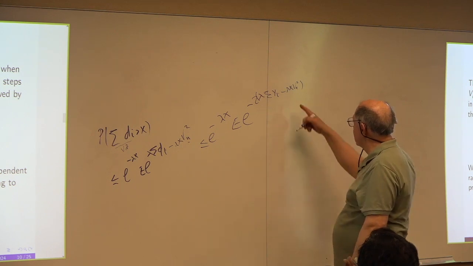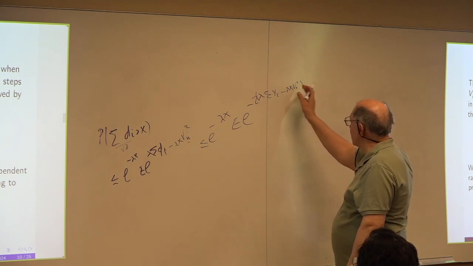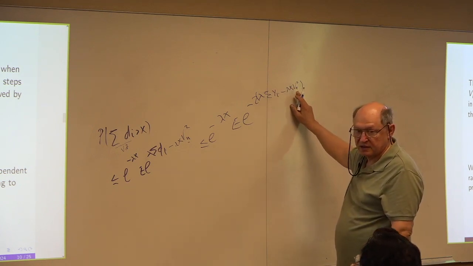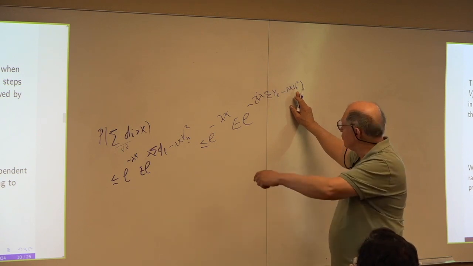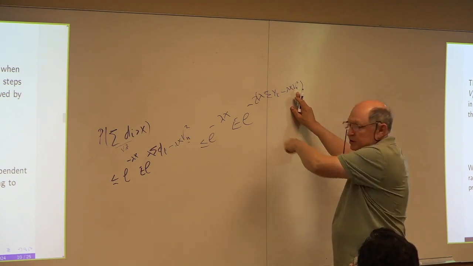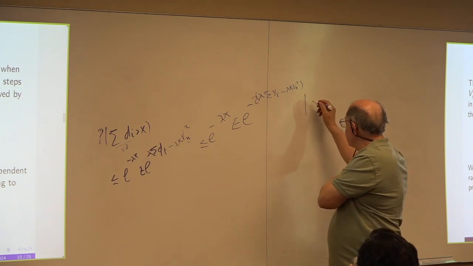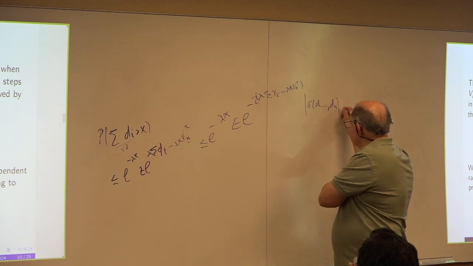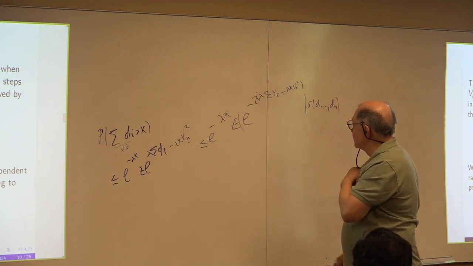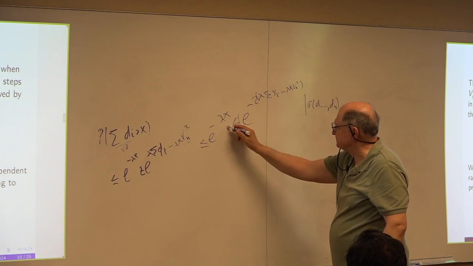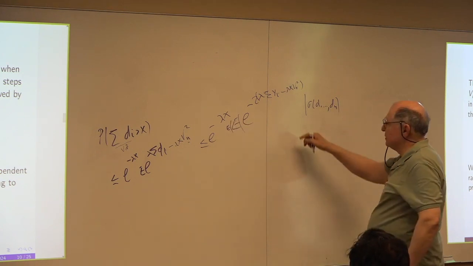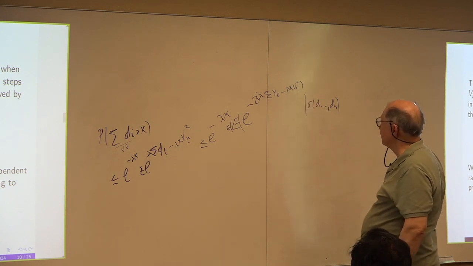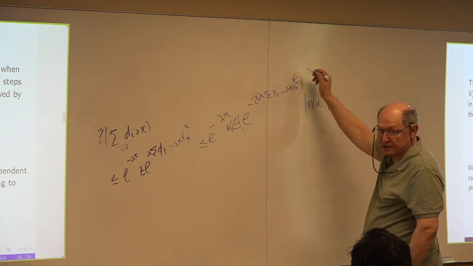Now you can complete the squares and pretend that this is a constant, because you condition on the sigma field of the d's. So it's the expectation of the expectation. You are conditioning on the sigma field of the d's, so this becomes a constant.